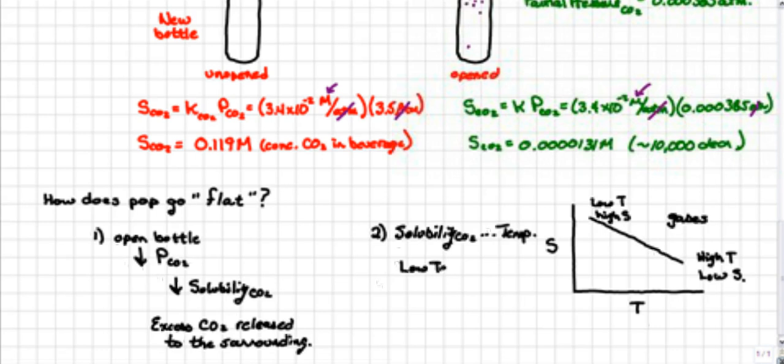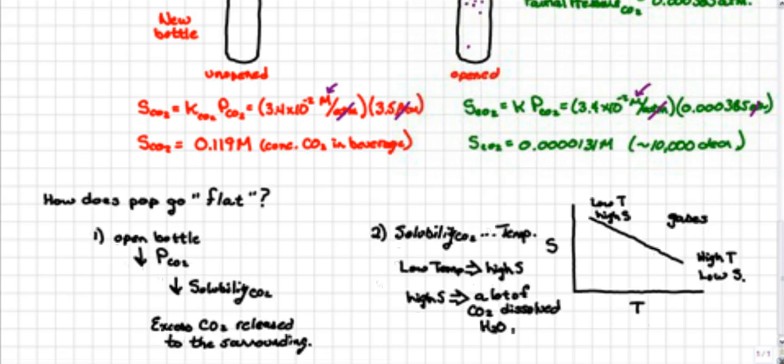For low temperatures, we know that we have high solubilities. And high solubilities tell us that a lot of carbon dioxide, in this case, is actually dissolved in the water or in the beverage.